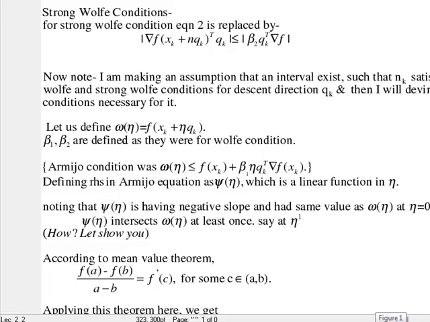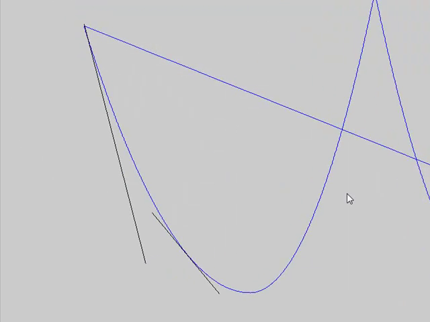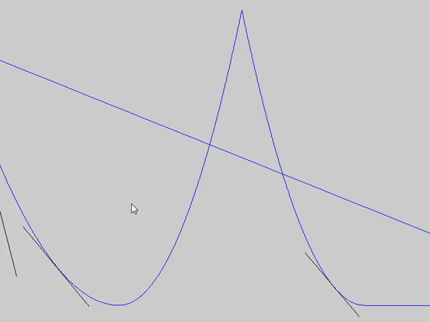These are the allowed values of eta. Let us focus on this interval, in this region. Then it says that our allowed values of eta are in this region.